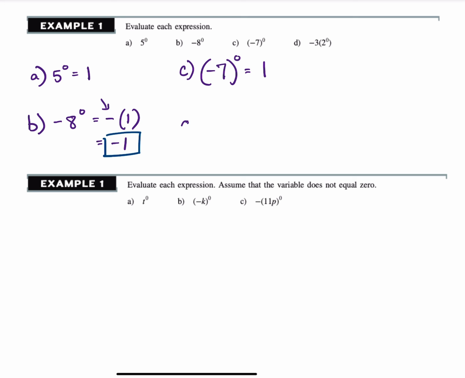And then part D, we have negative 3 times 2 to the 0 power. So the negative 3 is on the outside, that stays there. 2 to the 0 power is 1. So negative 3 times 1 is negative 3.